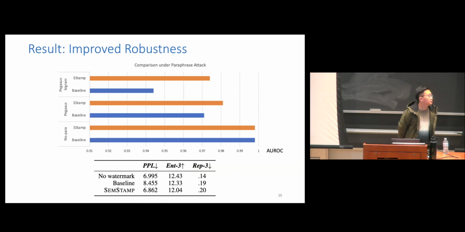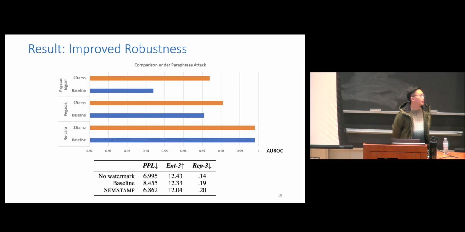Here are some results on this algorithm. The first plot up there is the detection accuracy with and without paraphrasing. Without paraphrasing, our algorithm and the baseline algorithm are equally good, but against paraphrasing, our SemStamp is much more robust and has a much smaller accuracy drop.